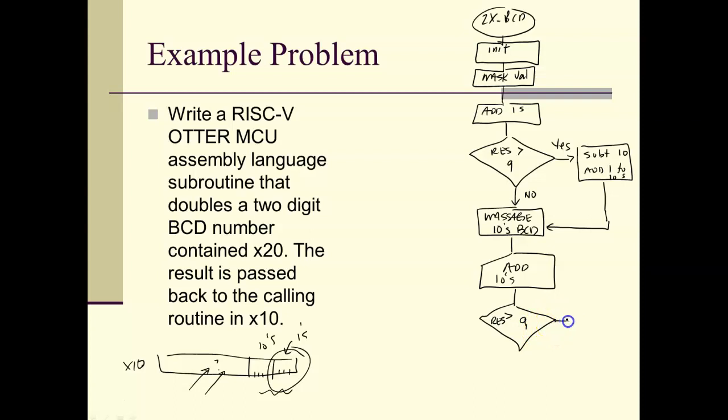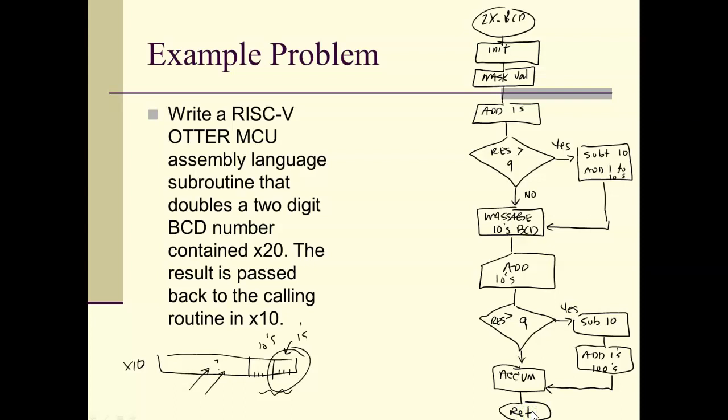And if it's a yes, I'll make it neater, subtract 10 from the 10's and add 1 to the hundreds. And then I'm going to accumulate this thing, since we're going to have multiple values floating around there, and then we are done on this. So lots of stuff going on there. Not too bad, but it's going to make for a fairly long problem, but it's very doable. So let's go do it.